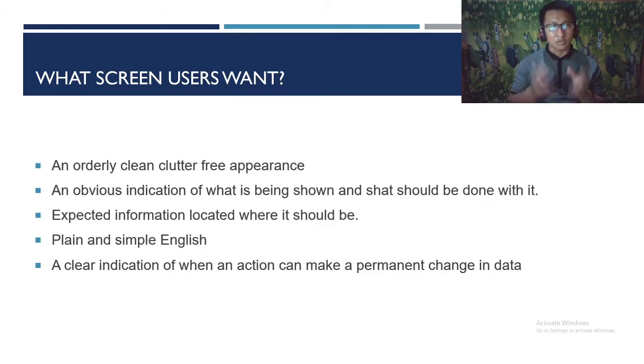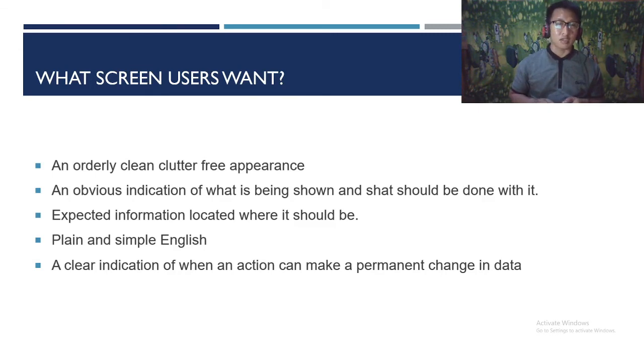It's because the user gets confused if you have the instruction that W is forward, S is backward, but when they use W it becomes backward, not forward. So we should consider that also. That is why what the users want is an obvious indication of what is being shown, and that should be done with it. So whatever they say, that would be that function.